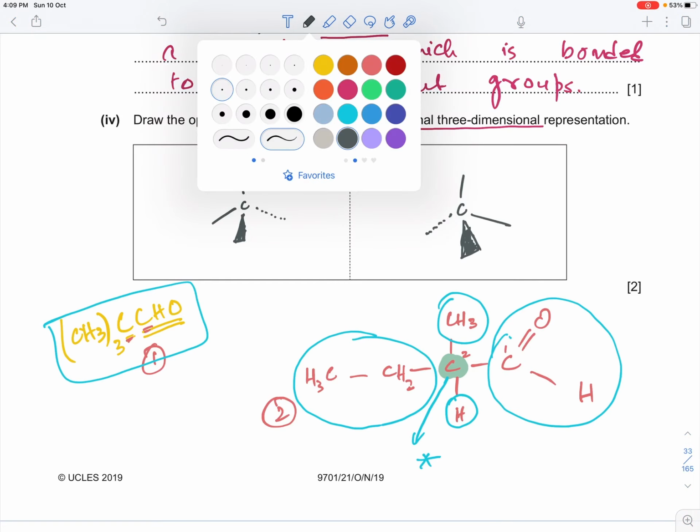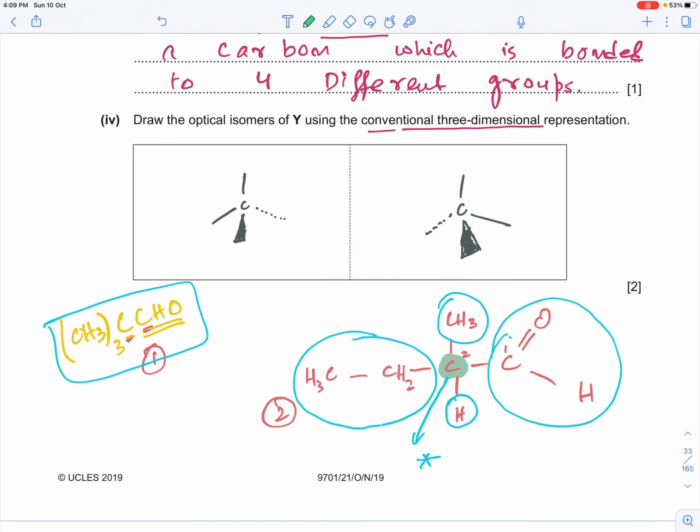So we can attach any groups, like let's suppose we have an aldehydic group at the top, and then this is C2H5, and we have a hydrogen present on this side and a CH3, right? So the arrangement can vary.